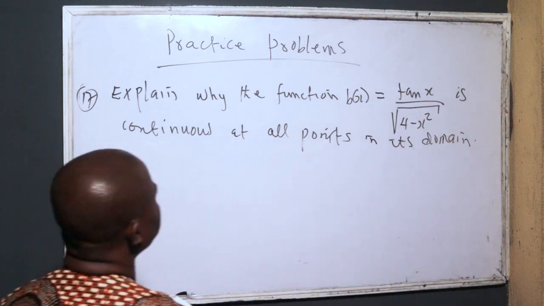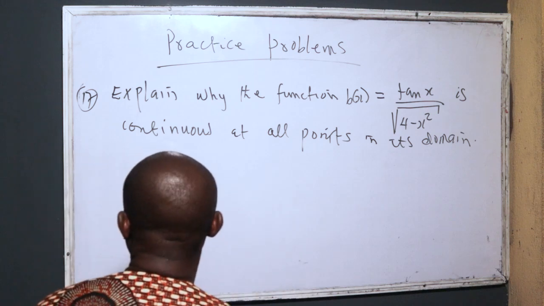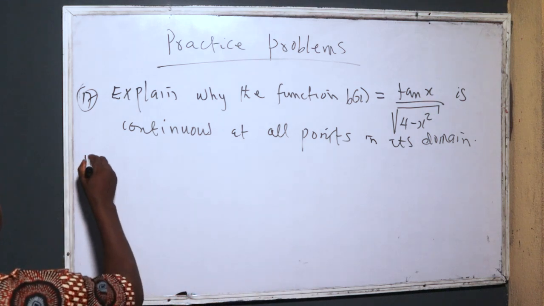So it is everywhere continuous in its domain. That's that function b. Try to explain the reason for that.